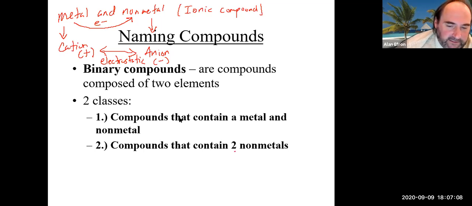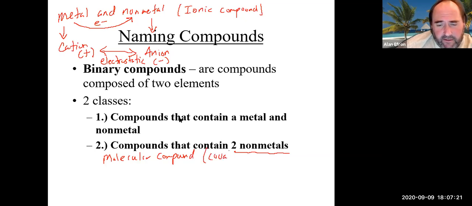Now, the difference here when we get two nonmetals together, this type of compound is sometimes referred to as a molecular compound, or sometimes as a covalent compound. When we get two nonmetals together, the difference is there actually is sharing of electrons.